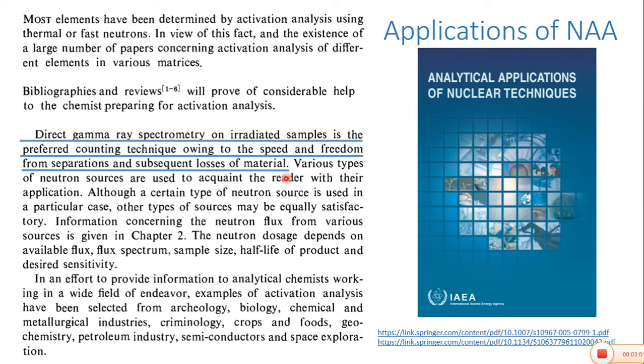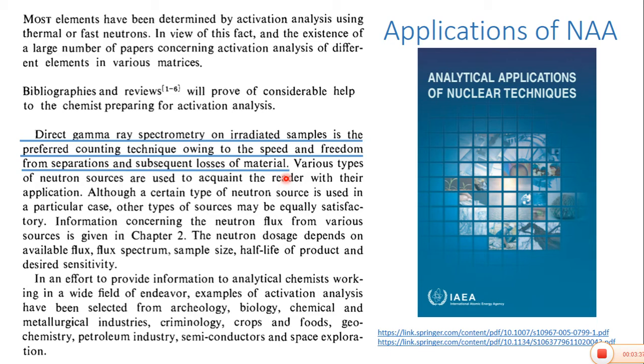The most important thing is that when a sample is activated in a nuclear reactor, gamma radiations are emitted, and we measure that gamma radiation for the determination of different elements, even though someone might want to use some other technique involving subsequent separation, which is associated with loss of material and other issues.